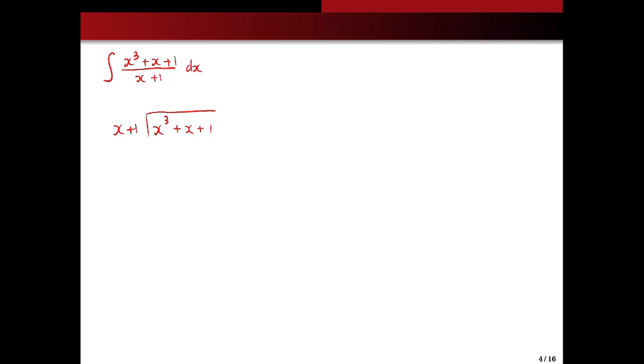So x cubed divided by x will just be x squared. And once you have that, you do multiplication: x squared times x plus 1. x squared times x is x cubed, and x squared times 1 is x squared. And then you subtract.